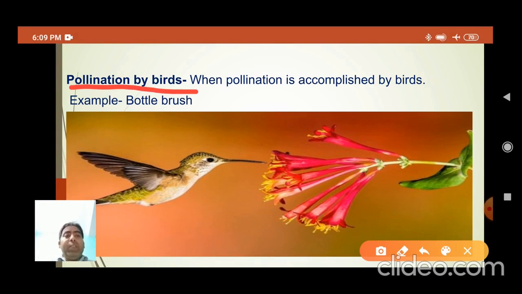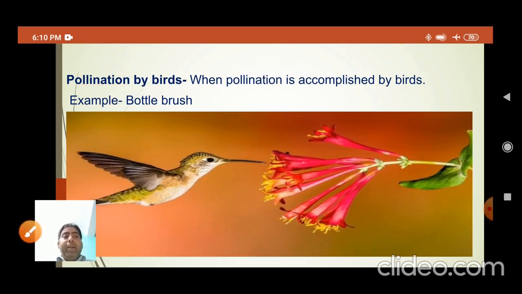Some pollen grains from the anther stick to its beak, and when it goes to another flower to suck the nectar, what happens? The stuck pollen grains find their way to the stigma of another flower. Okay, this is pollination by birds.